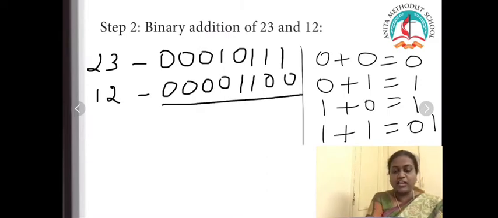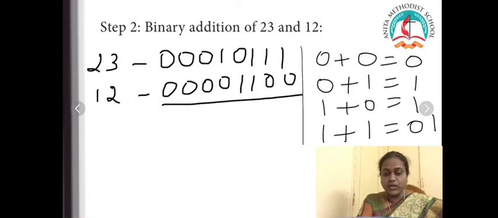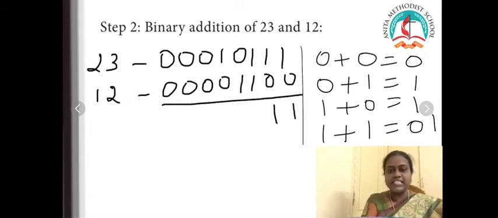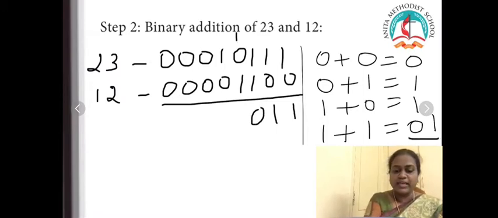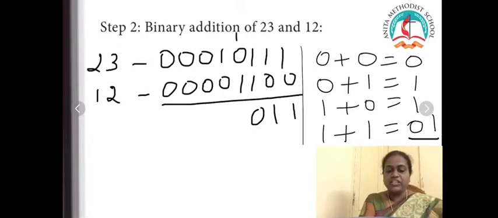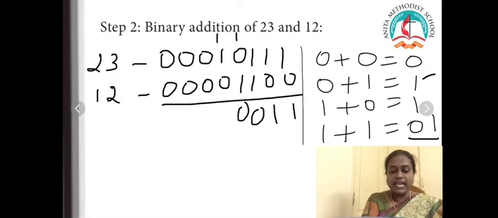I am going to add now. So as per the rule, 0 and 1 is 1. Again 0 and 1 is 1. 1 and 1 is 0, and I will do my carry here. Then the 0 and 1 will be 1. Okay, the answer is 1, and 1 plus the carry 1 will be 0 and carry 1.